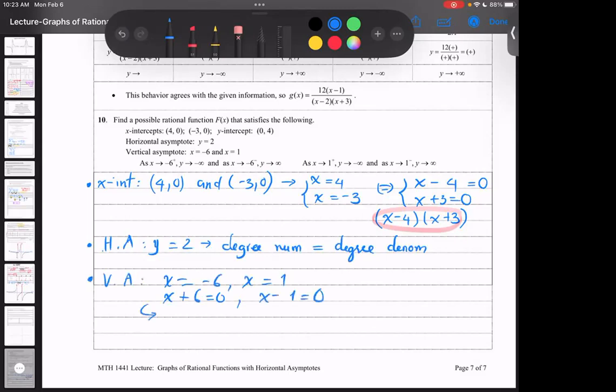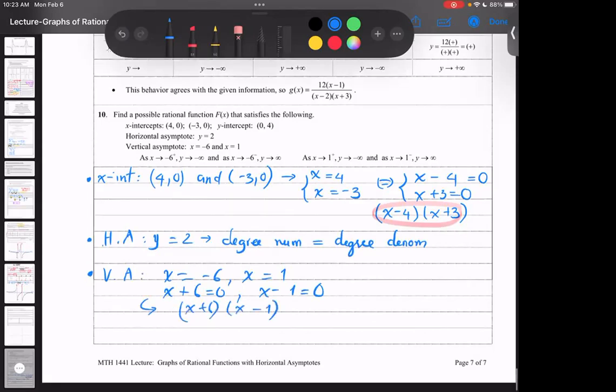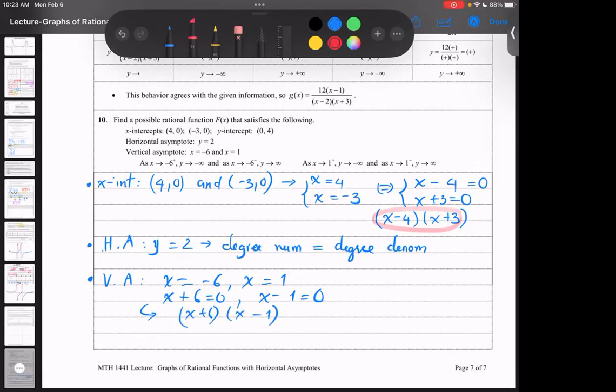Combined together, I have x plus 6 times x minus 1. Almost there. Now I can confidently write them together. I'm going to call my function g of x, and on the top I have x minus 4 times x plus 3. And the bottom, I have x plus 6 times x minus 1.